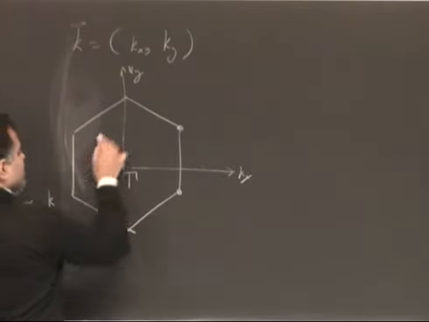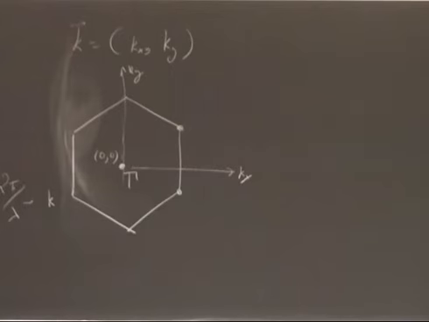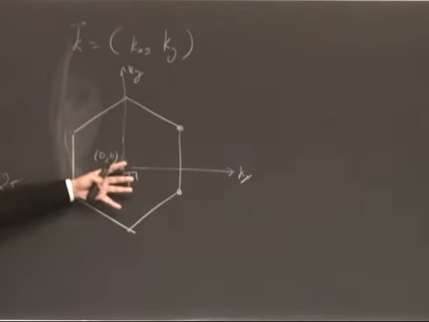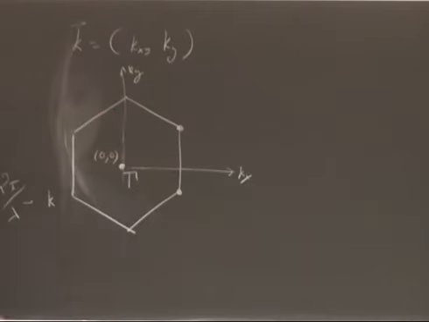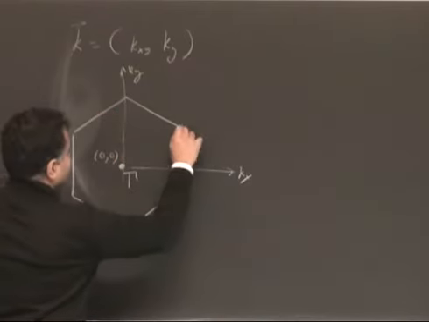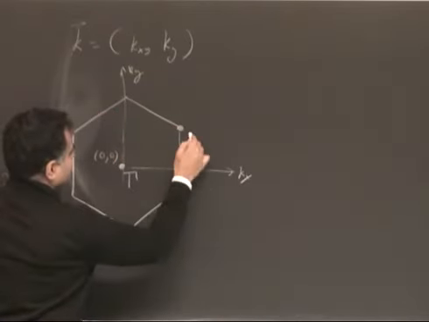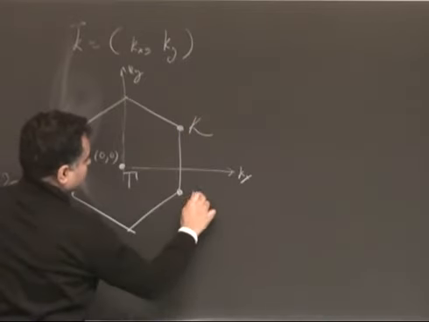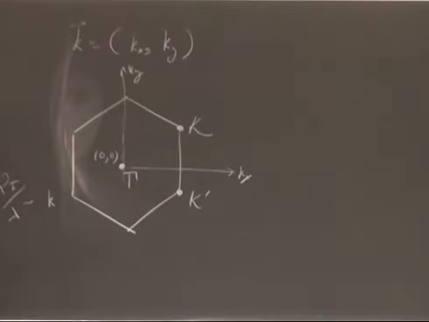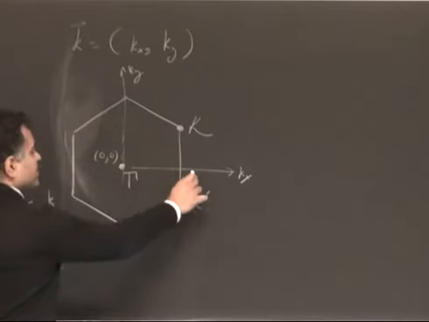Then the vertices of this. So why did I draw a hexagon? Because if the real space lattice is hexagonal, the momentum space lattice is also hexagonal. This is the first Brillouin zone, and essentially these points are typically called K's and K primes. These are just labels again. And then the center of it would be called something else.